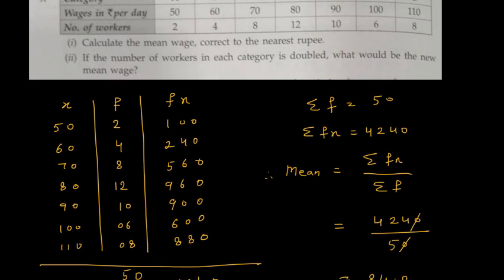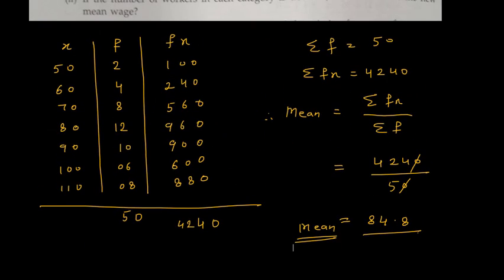If the number of workers in each category is doubled, what would be the new mean of wage? Now if we double the value of f, then what will happen? The summation will also double. Now as the summation will double, mean will double.